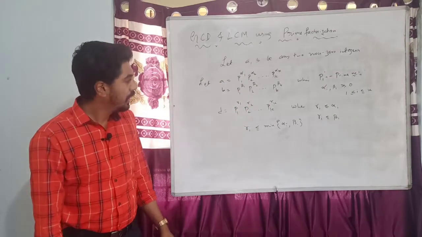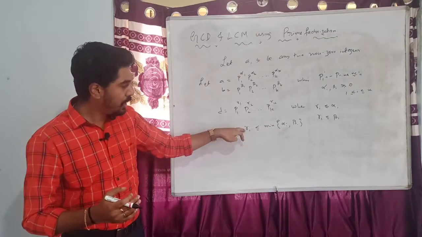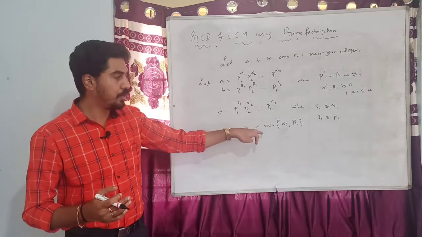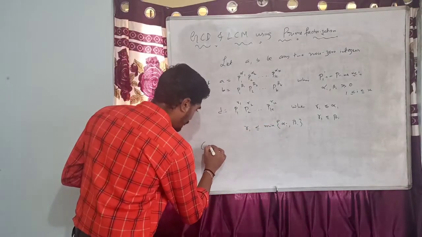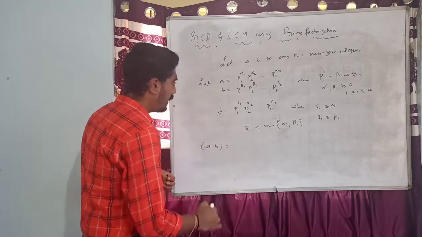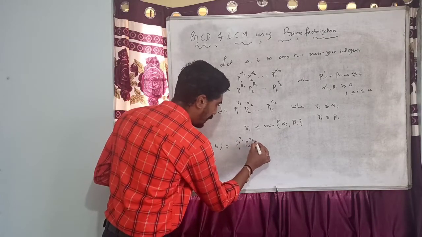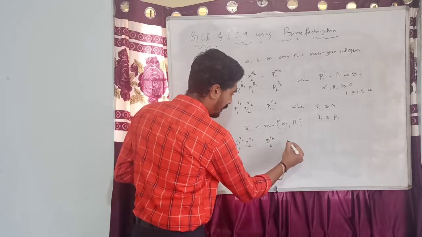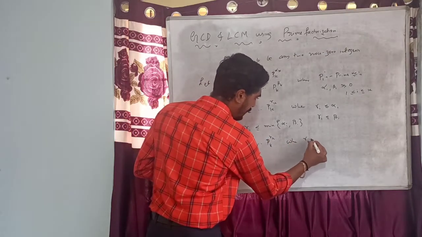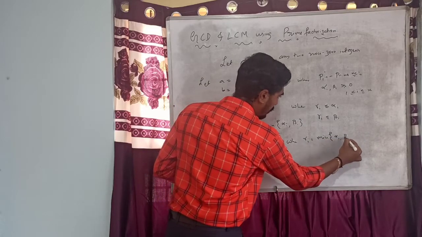Now the greatest common divisor should have gamma i equal to the minimum of alpha i and beta i. So the GCD of a and b is equal to p1 power gamma 1, p2 power gamma 2, etc., pk power gamma k, where gamma i is the minimum of alpha i and beta i.